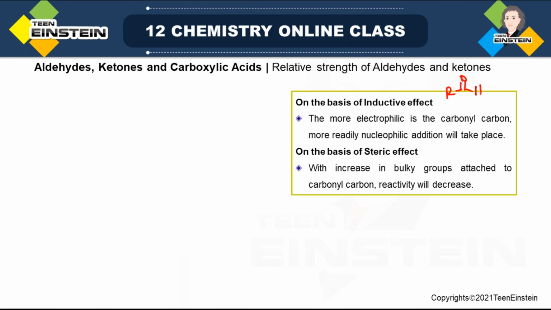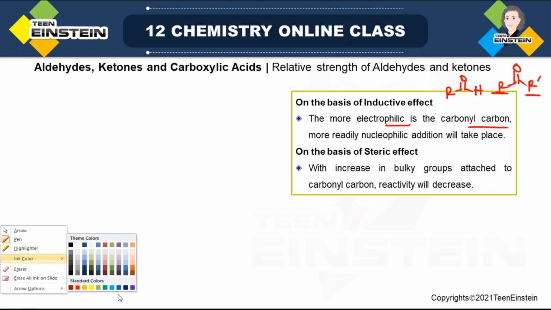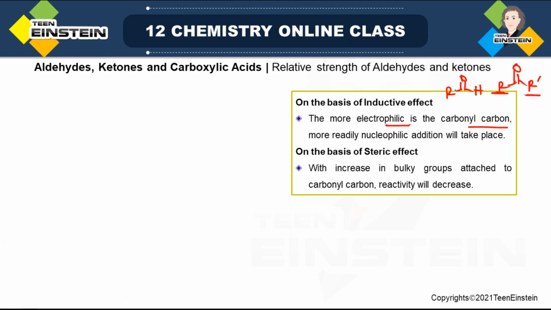In aldehyde you have only one R group, in ketone you have two R groups. So when there are two R groups, the inductive effect will be very high for ketone. The more electrophilic the carbonyl carbon, the more readily nucleophilic addition will take place. So for aldehyde, only one alkyl group is playing the plus I inductive effect.